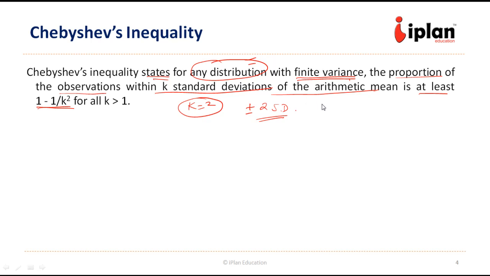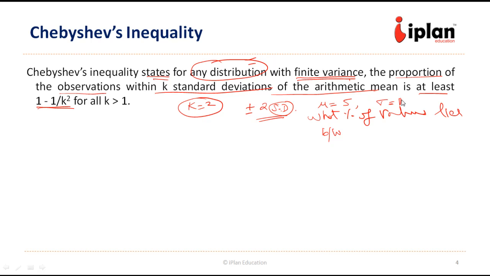Suppose for that population the mean is say 5 and the standard deviation is say 1. So we want to know what percentage of values lie within plus minus 2 standard deviations.